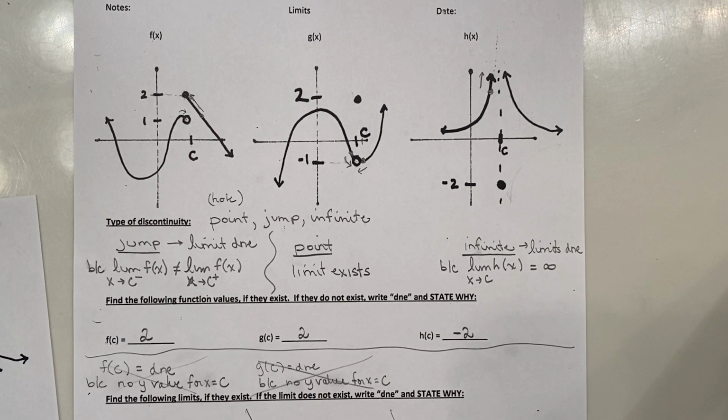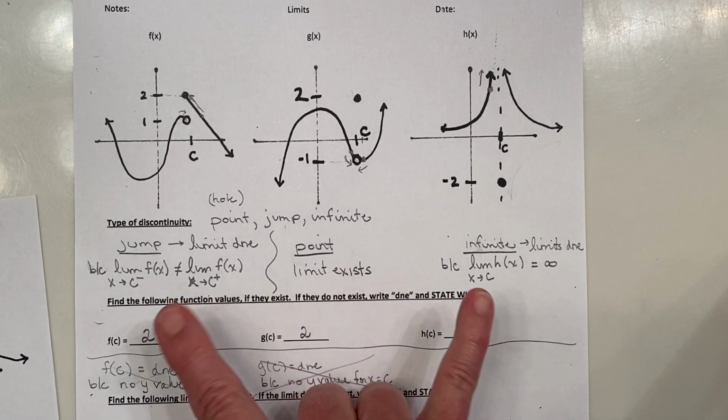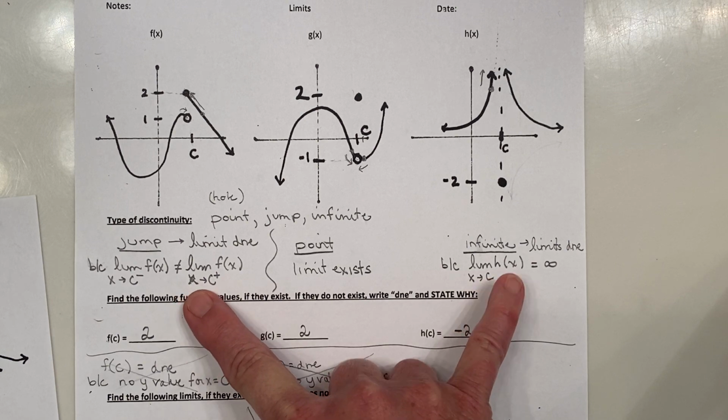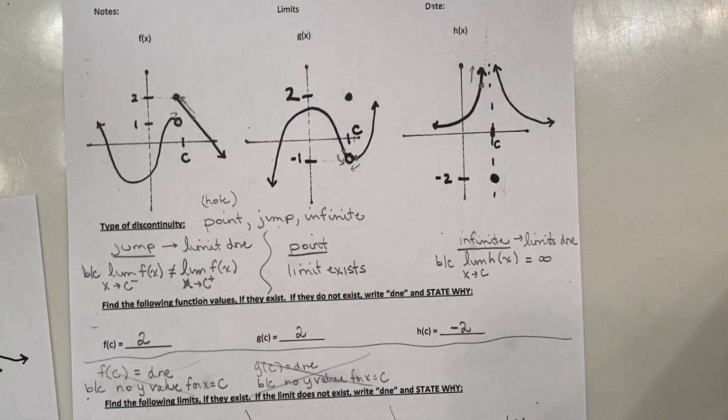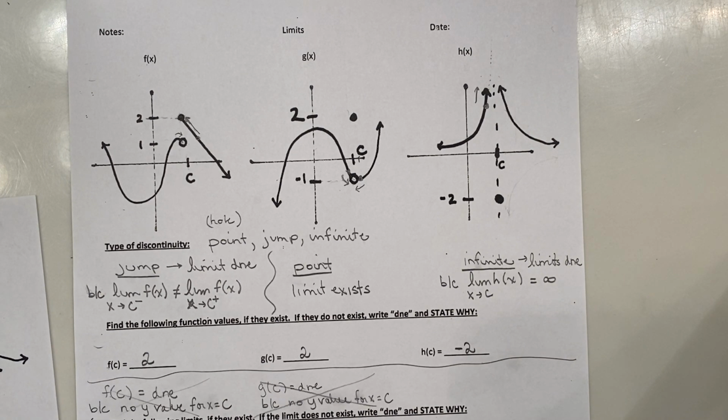So limits exist on point discontinuities, but limits will not exist on the jump or the infinite discontinuities. All right, that was a lot, and don't worry, we're going to be spending at least another week on limits. So if it's not coming to you right now, it will come to you soon.